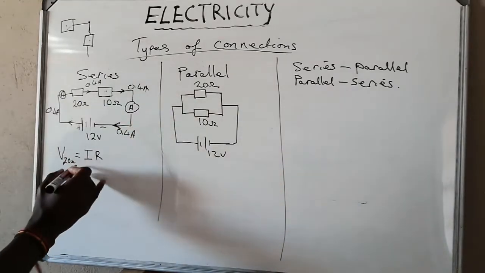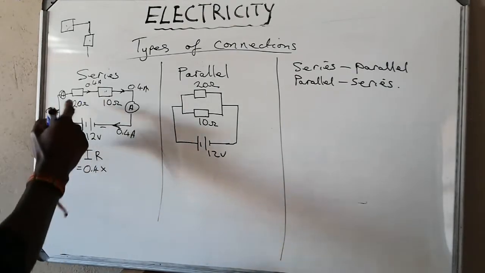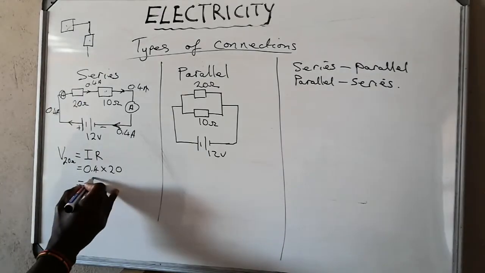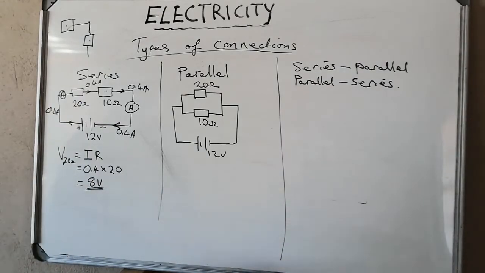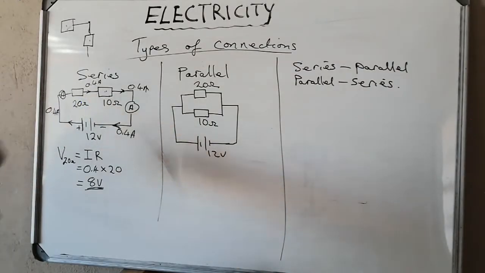Now remember, the current is the same throughout the circuit. We have 0.4 times our 20, then we get 8 volts. So this resistor will have a voltage drop of 8 volts.